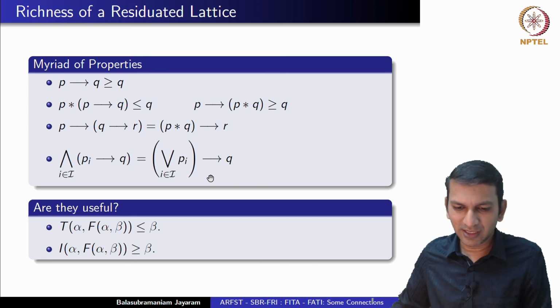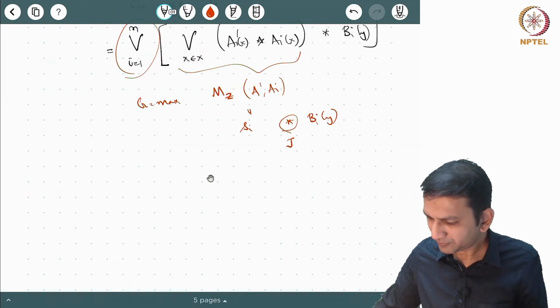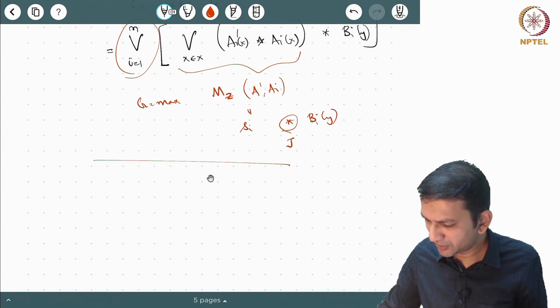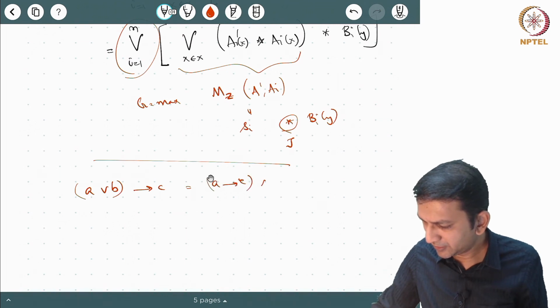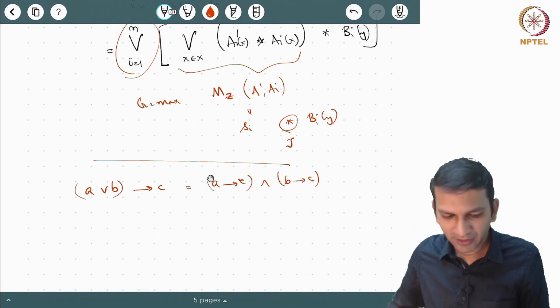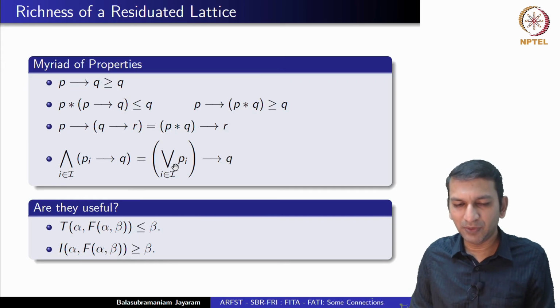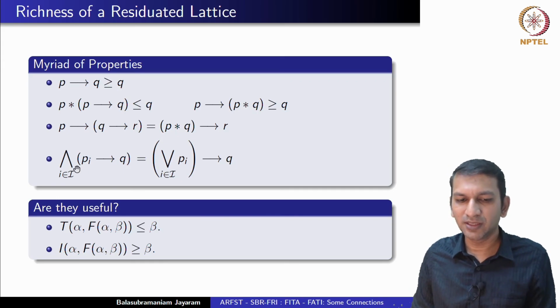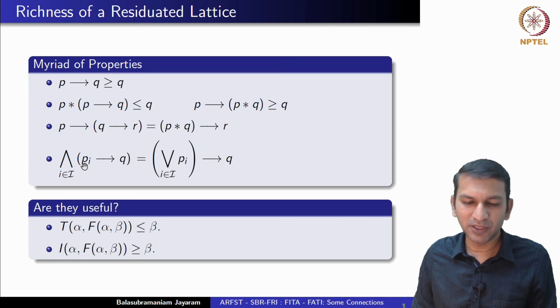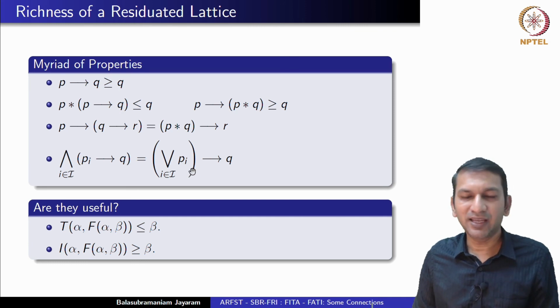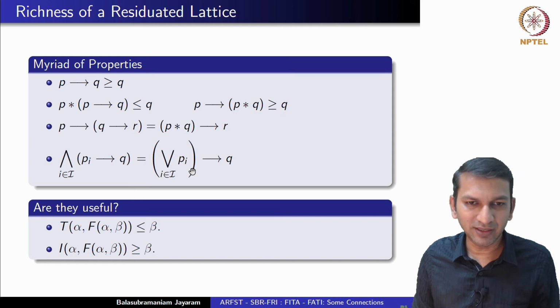For instance, this comes from the classical logic tautology, which says that if it is A or B implies C, then this is A implies C and B implies C. So this is how we understand it. P1 or P2 implies Q is P1 implies Q and P2 implies Q. Of course, in this case, I is a possibly infinite index set.